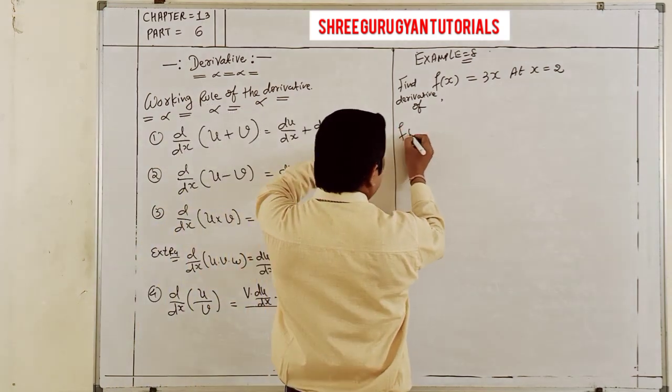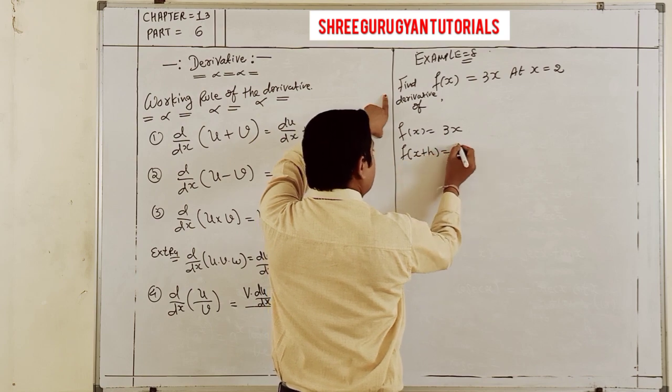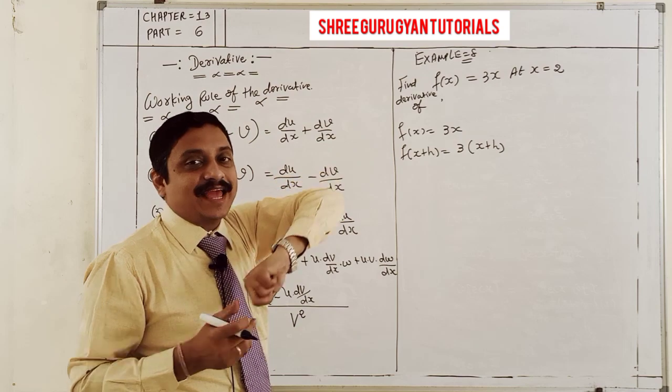So you start first with f(x) and f(x+h). Very easy, in place of x we will put x+h.